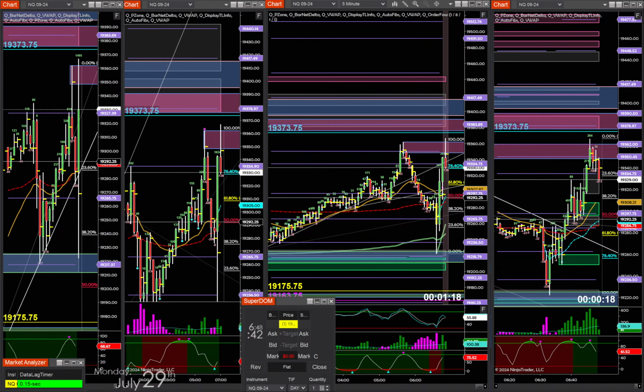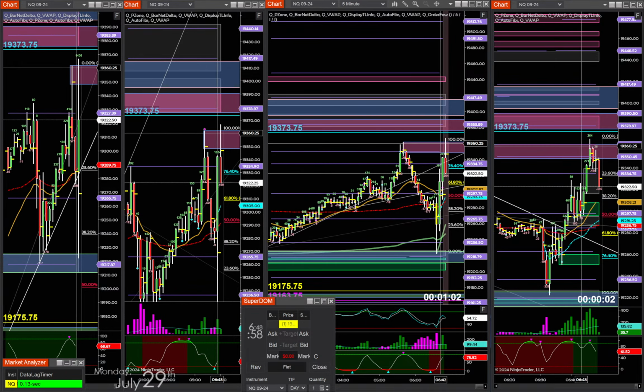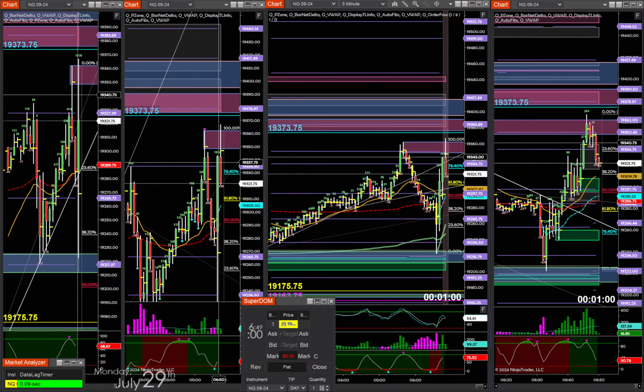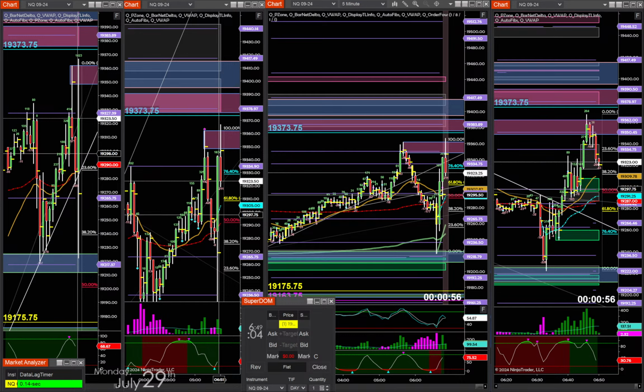Okay, yeah, sellers are just coming in here. You can see the 5 minute, the POC top of the bar, right? Inside that zone. It kind of actually broke the zone, right? It broke the zone. Coming back.